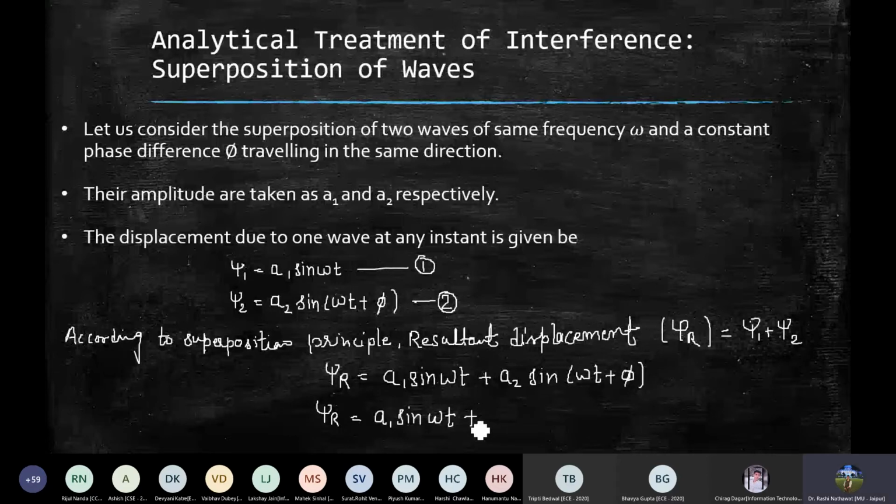If anyone can tell me, otherwise I will ask by name. How to open this a2 sine omega t plus phi? This is very simple mathematics. No one knows it?